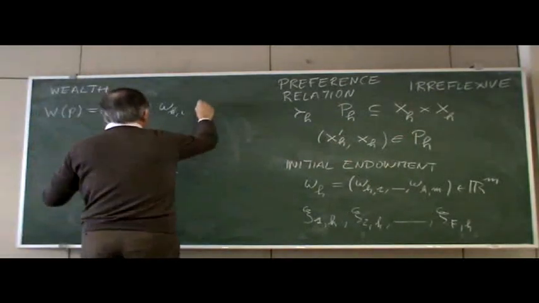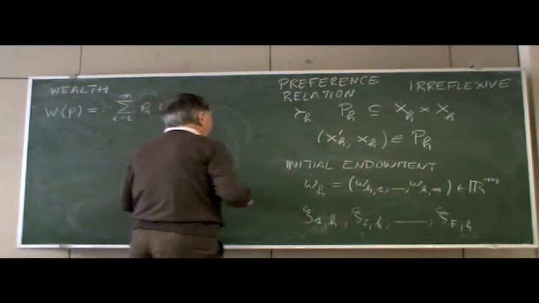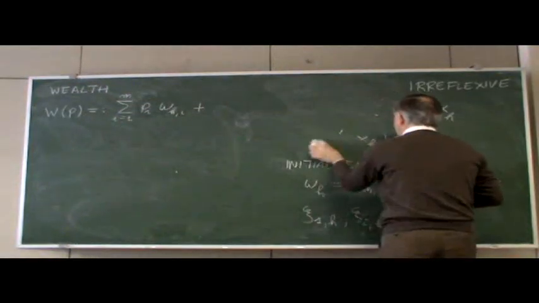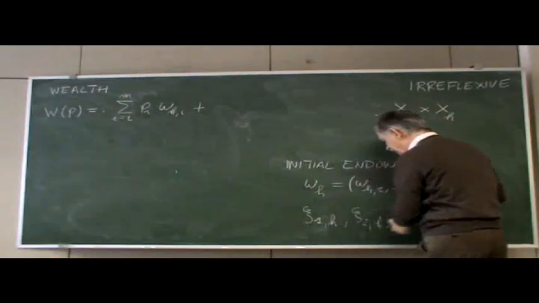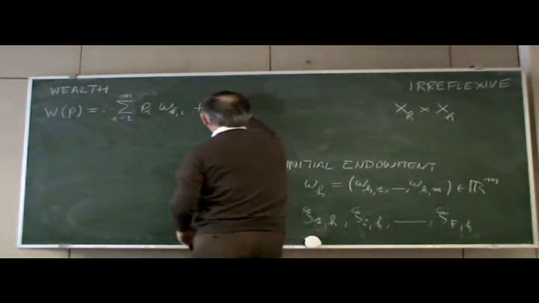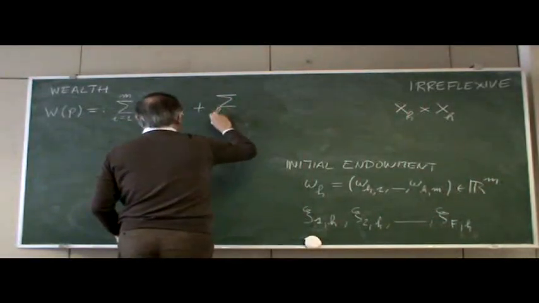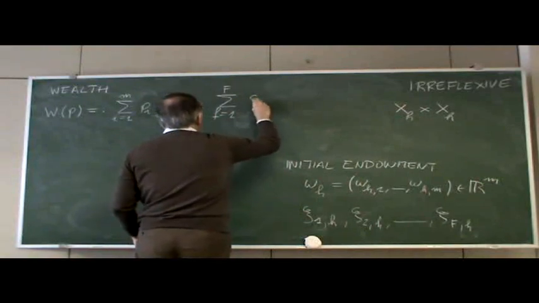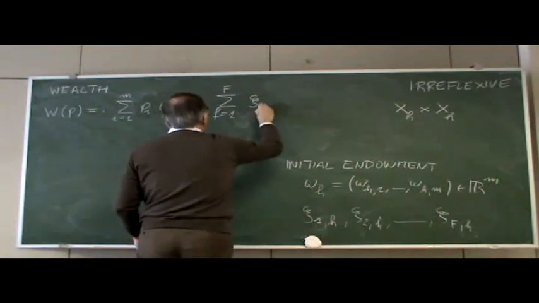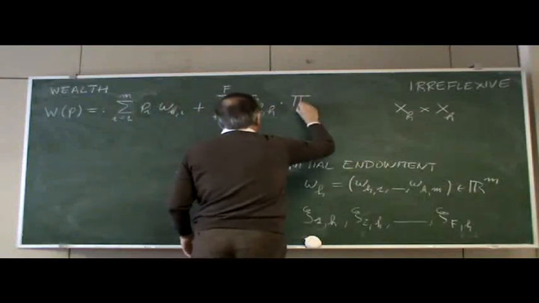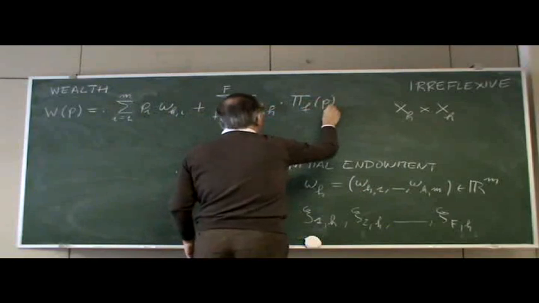But note, plus the shares in profit due to these shares in firms. So, plus sum for f, which ranges from 1 to large F, of C f h times pi f of p.